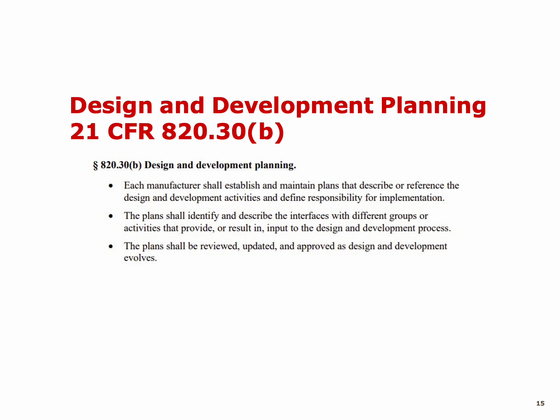Now, the first SOP, for example, can be on establishment and maintenance of plans for the medical device. Here we describe the design and development activities and define responsibilities within the company. Another SOP can be the identification and description of the interfaces.